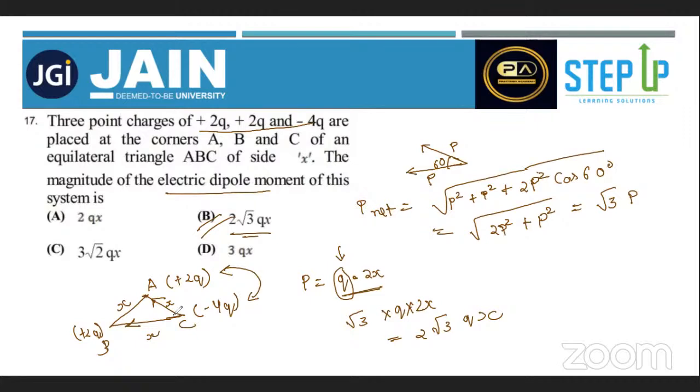Whenever they tell you to find out the dipole moment exact value, they'll give you the magnitude of charges, the same. That's because they had different charges that we are trying to find out the net dipole. If they were the same magnitude, we would not be trying to find out the net dipole. Because of the different charges, we are trying to find out the net dipole.